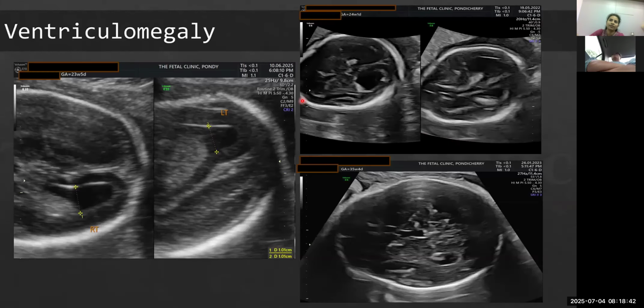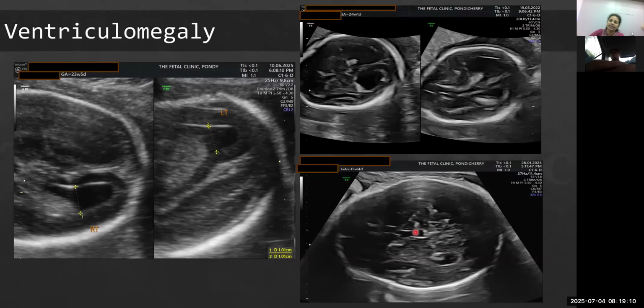So we'll see some of these now. Ventriculomegaly can vary from a mild or borderline ventriculomegaly to a severe dilatation of the ventricle. Here in this axial section, we can see dilatation of the ventricle with calcification along the ventricular wall and also echogenicity along the ventricular walls.